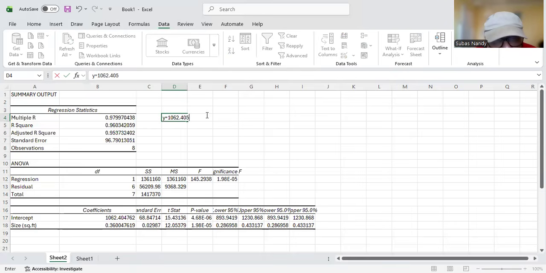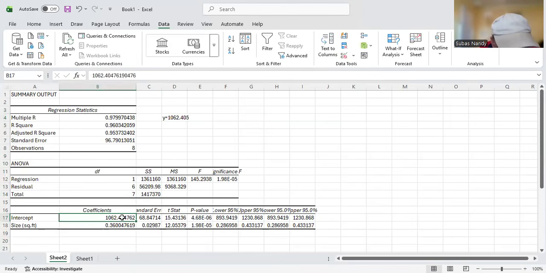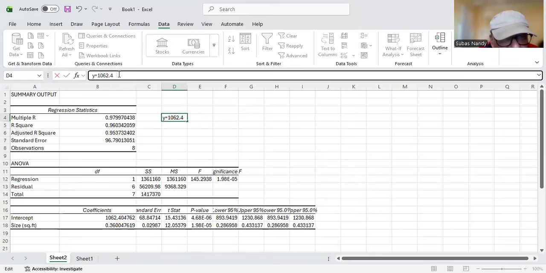Okay. That is your intercept coming from here. And then your slope is 0.36. So y is equal to 1062.41, let's keep it two places of decimal, plus 0.36 x. Okay, so that's your equation.